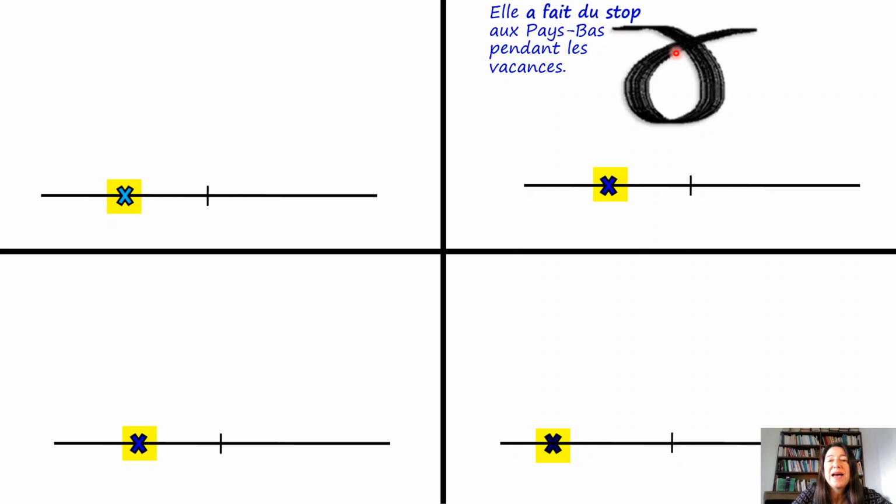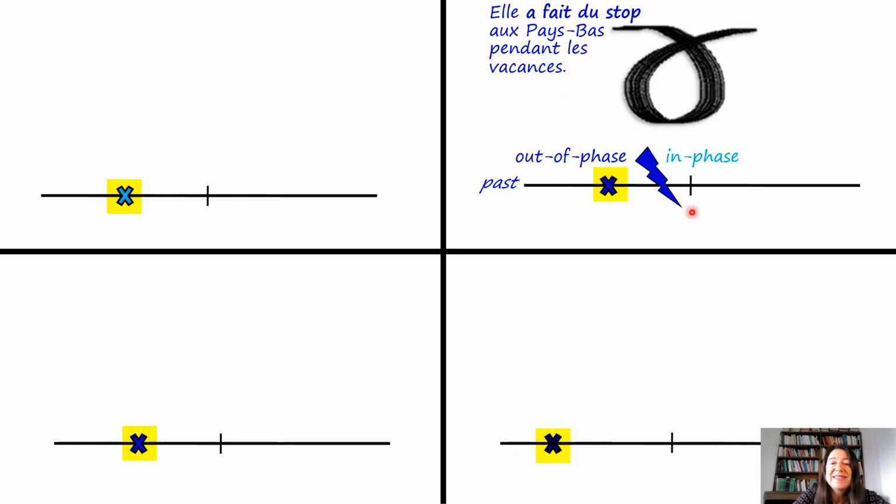So in this case, let's say that as soon as I say pendant les vacances, it means that the way I interpret that event is as something that is completely distinct from my now moment. I'm not in phase at all with the fact of faire du stop pendant les vacances. I'm in a moment that's completely distinct from that. Faire du stop is completely out of phase for me now.